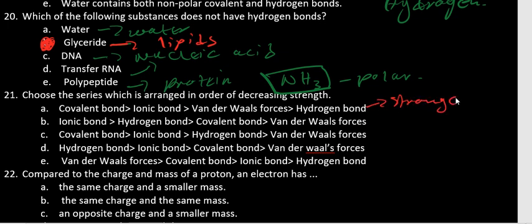Hydrogen bonds are a little bit stronger, that's why it's very hard to break down hydrogen bonds in water. But van der Waals forces are temporal forces. They're not permanent. So the answer here is simply this one.